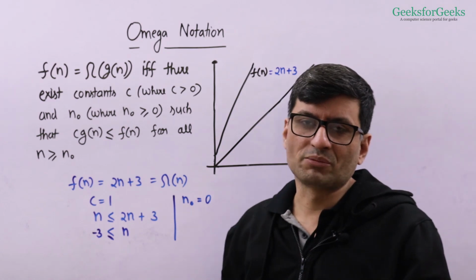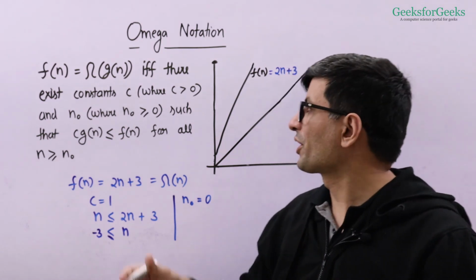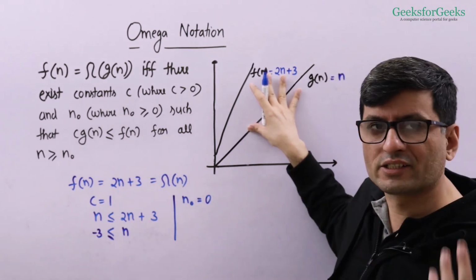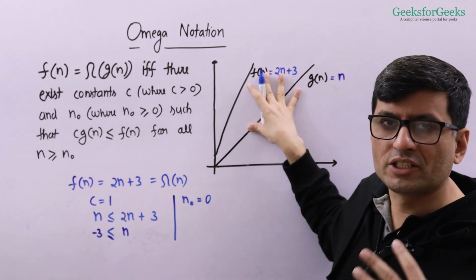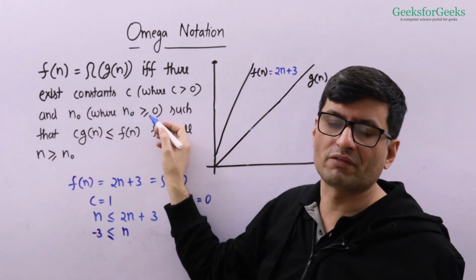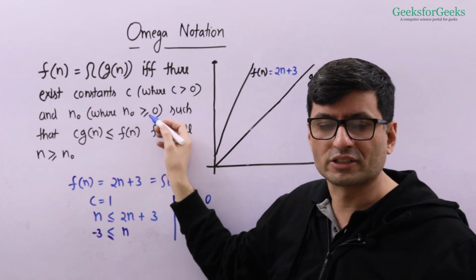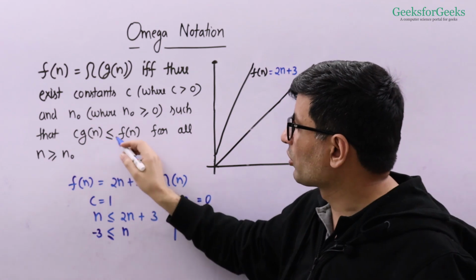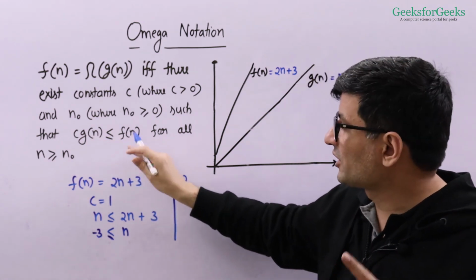And we discussed in the asymptotic analysis video, whenever we talk about functions, we always talk about this first quadrant where n is greater than or equal to 0, and Fn and Gn are also greater than or equal to 0. So this condition applies everywhere whenever you talk about asymptotic notations, such that Cgn is smaller than or equal to Fn. So this is just opposite.